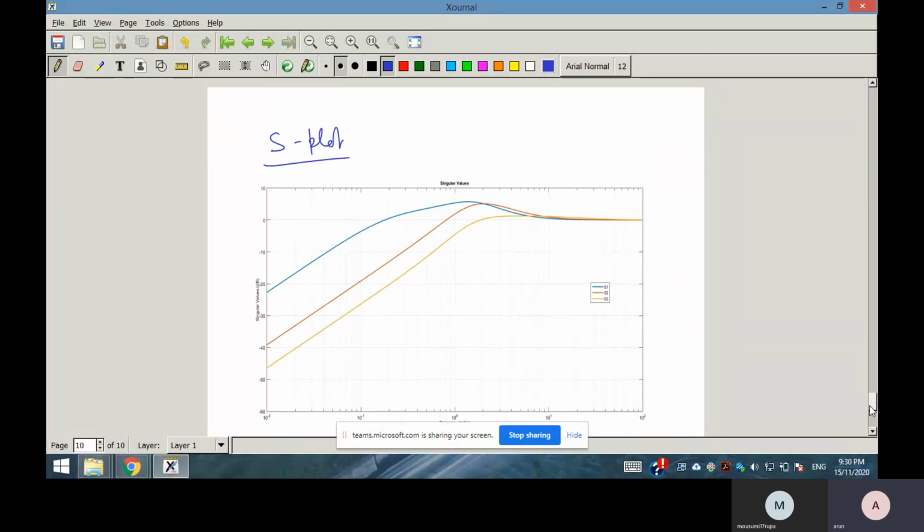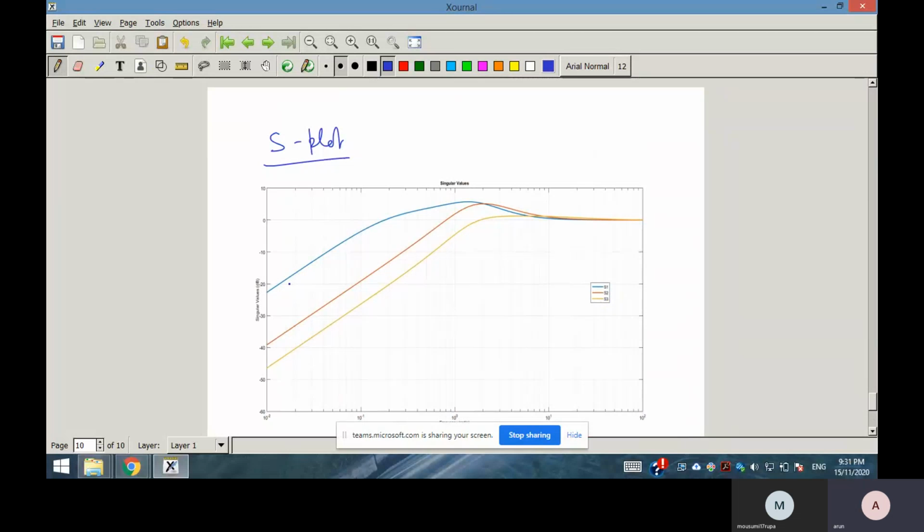Now you can see. So here L1, S1, S2, S3: S1 corresponds to low value of Q hat, that means roots of Q hat closer to imaginary axis, and S2 stands for medium value, and S3 stands for higher value.